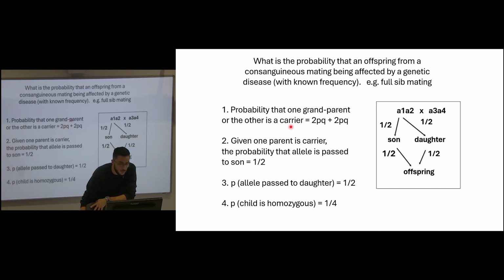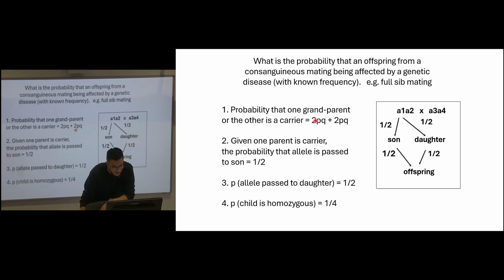Usually you start with the grandparent first, because that's the one that's passing the allele in question. Then you have the offspring of that grandparent, which will end up mating and producing this offspring. So you always look at the grandparent. The probability that that grandparent or the other is a carrier of that allele is 2pq plus 2pq.